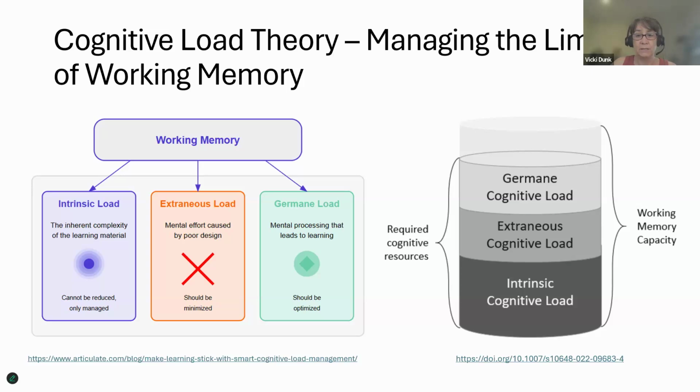We try to manage that by sequencing from simple to complex. Okay, so that your brain has time to make a schema to hold in the working memory, and then we can add a little bit more information, and then the schema gets a little bit better developed, and we can hold it a little bit more in our working memory. So we can't reduce that, we can only manage it.